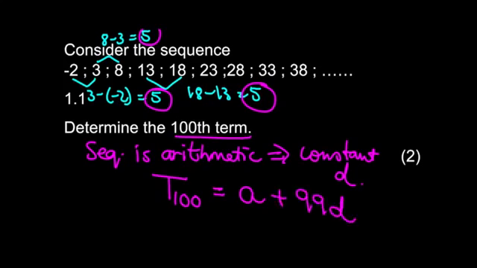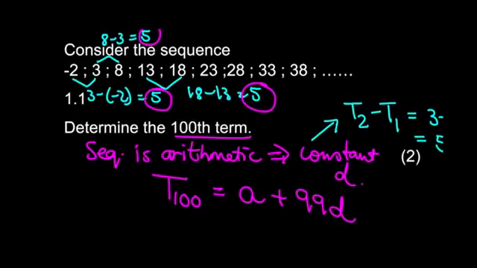Okay, so the first term I have is negative 2, but to then find the difference, I have to show how I calculated that. So I would say that my constant difference is always the second term minus the first, which is equal to 3 minus negative 2, which is equal to 5.